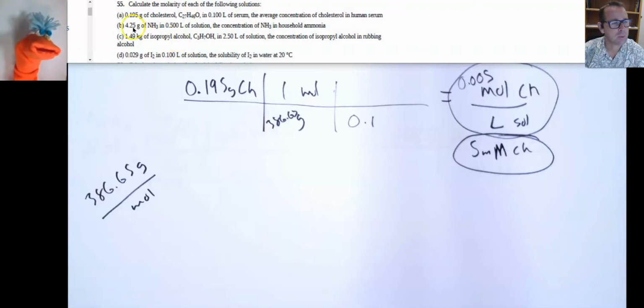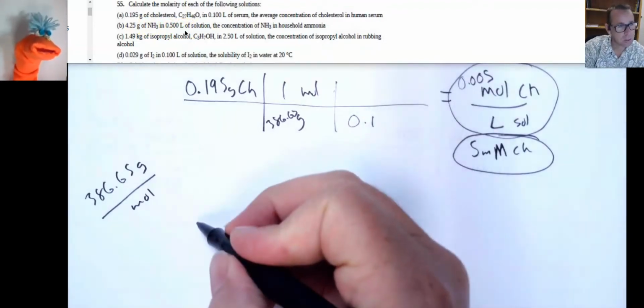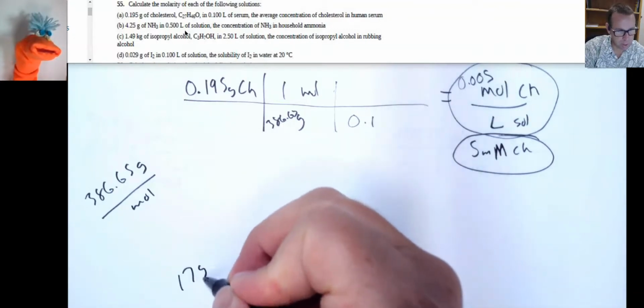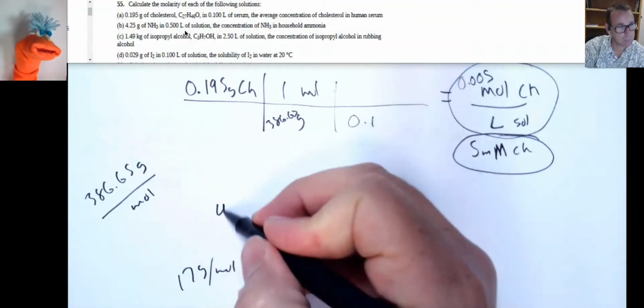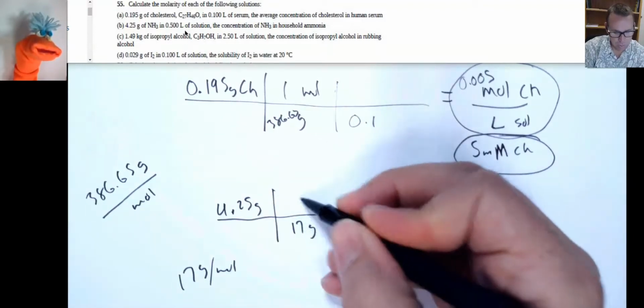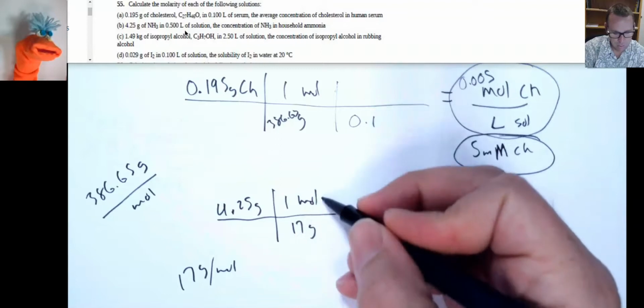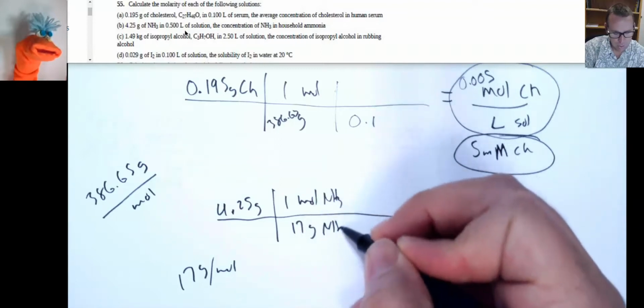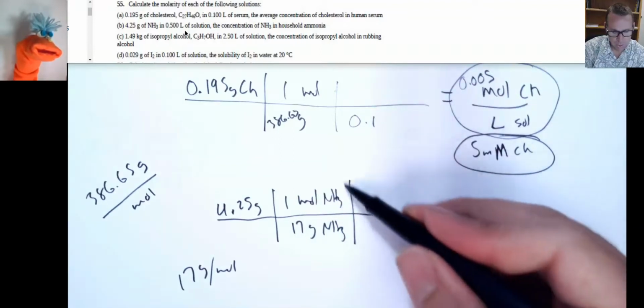All right, the next one, 4.25 grams of ammonia in 0.5 liters of solution. Ammonia, that's 17. Okay, so the molar mass of ammonia is 17 grams per mole, and we start off with 4.25 grams, and we can go from grams to moles like that, NH3, and then we're in moles of ammonia.